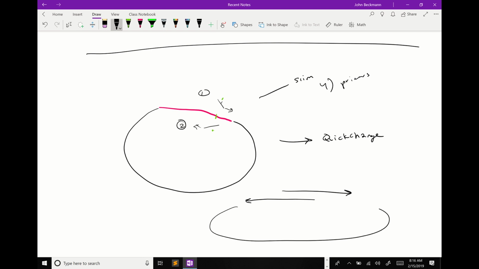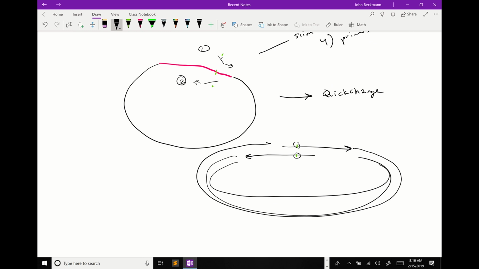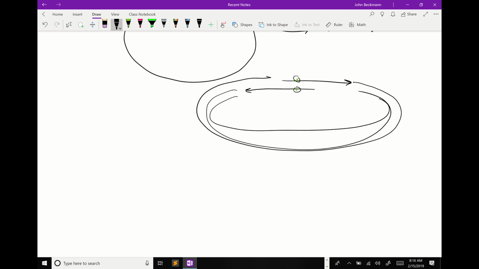So if this is your plasmid, and this is the site you need to mutate, you make everything match perfectly except that site you want to mutate, you change that. And then it's another protocol where you PCR all the way around the plasmid, and what you're producing are new plasmids that have your mutation.